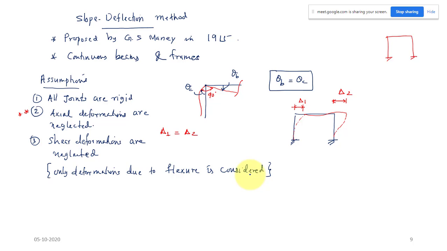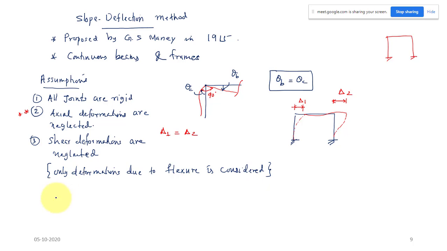You take all the moment terms and equate them to 0. We can develop an equation between these end moments and slope and deflection, so that you can write the moments in terms of the slope and deflection and get the equation in terms of displacement. That is the next step.